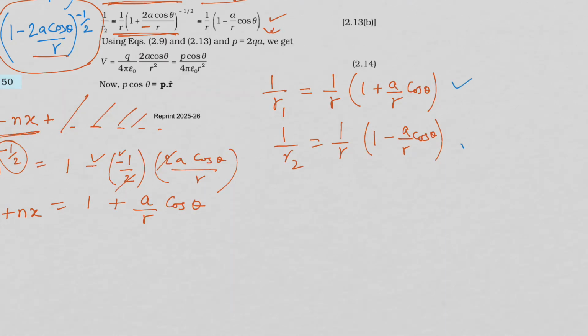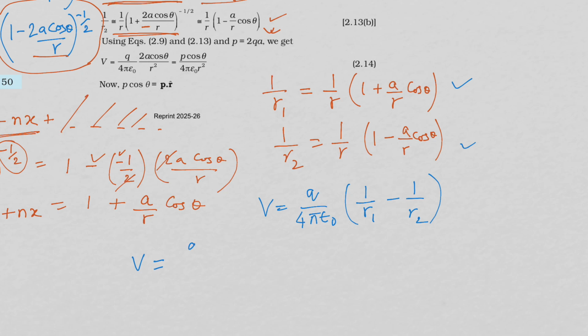And these, if we use in the formula, v is equal to q by 4 pi epsilon naught times 1 by r1 minus 1 by r2, will become v is equal to q upon 4 pi epsilon naught, but instead of 1 by r1 and 1 by r2 we will be using this expression.